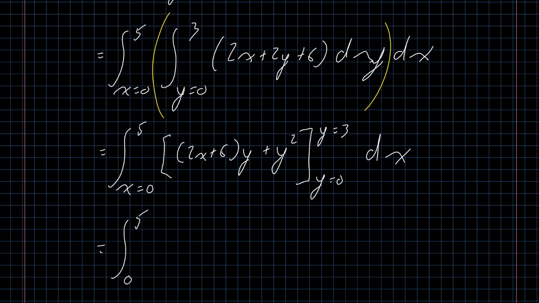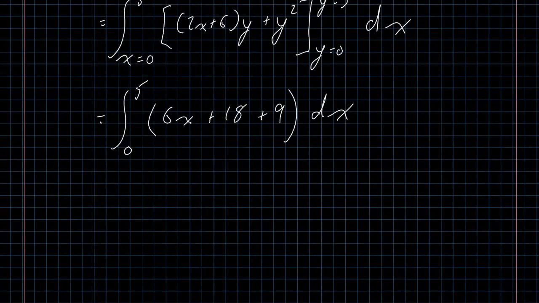All right, when y equals 3, we'll be multiplying everything times 3. So 2x times 3 is 6x, 6 times 3 is 18, and 3 squared is 9. And then when you plug in y equals 0, you get a whole bunch of zeros. I'm not going to even bother writing it down. We can clean up one more time. 18 plus 9 is 27.